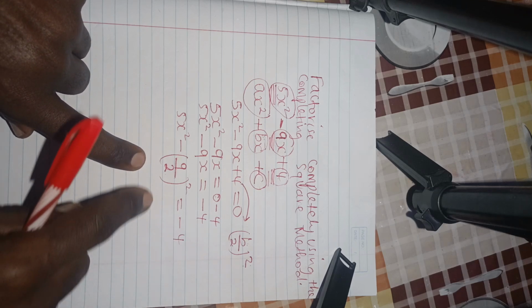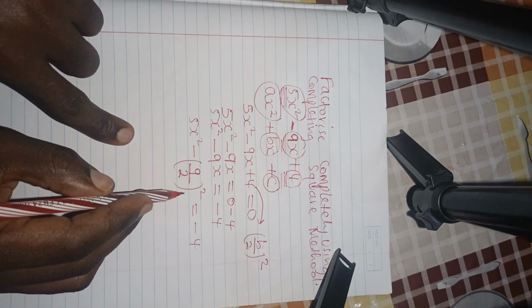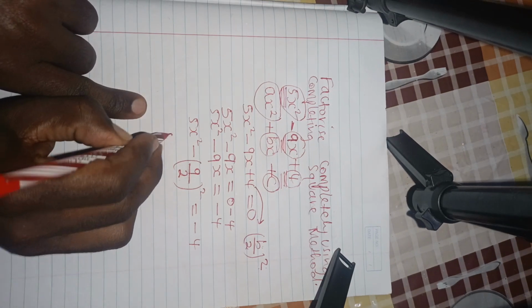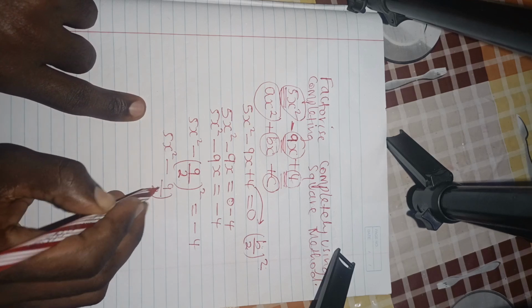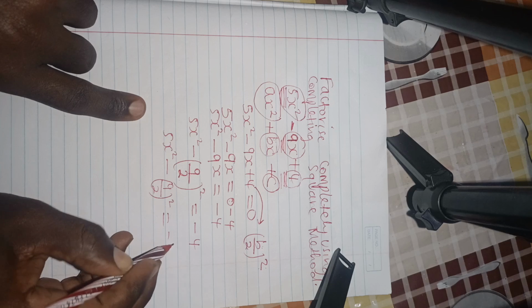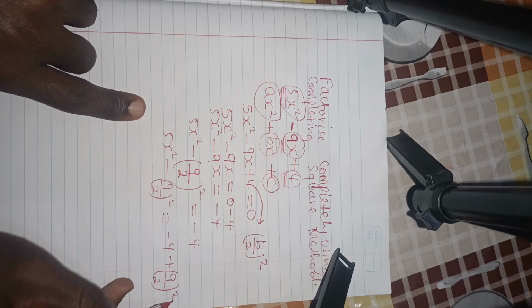And because we are completing the square, you can come here and say 5x squared minus 9 over 2 squared should be equal to minus 4 plus 9 over 2 squared.